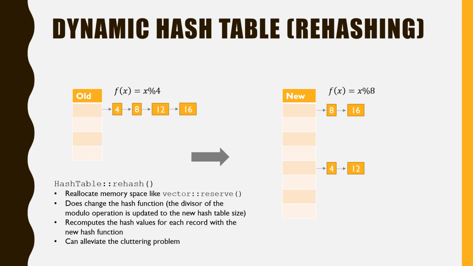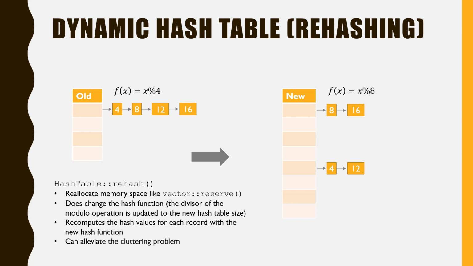We have 4 records with keys 4, 8, 12, and 16. The divisor of the modulo in the hash function is 4, which is exactly the size of the hash table. All records were stored in the first hash bucket of the hash table. After doubling the size of the hash table to 8, we will update the divisor in the hash function to 8, which matches the new hash table size.